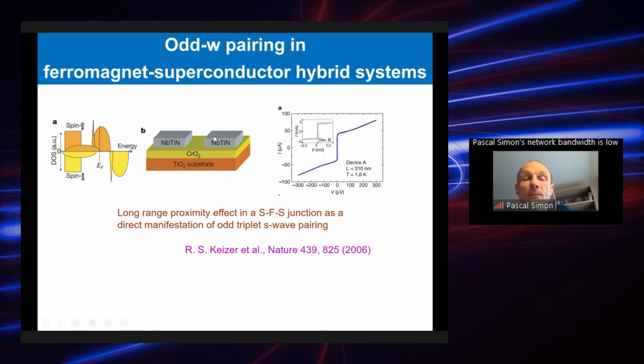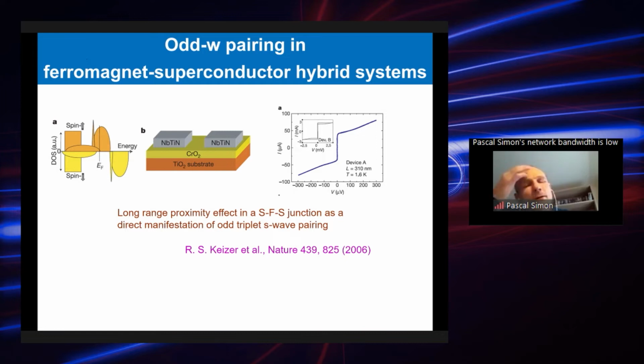So only electrons with spin up can transmit this Josephson current, and the only option to get a non-zero and substantial Josephson current is to have odd triplet S-wave pairing, which is mediated here. So this is an indirect manifestation of odd triplet frequency pairing. Okay, so that's quite substantial indirect evidence of this odd frequency pairing.